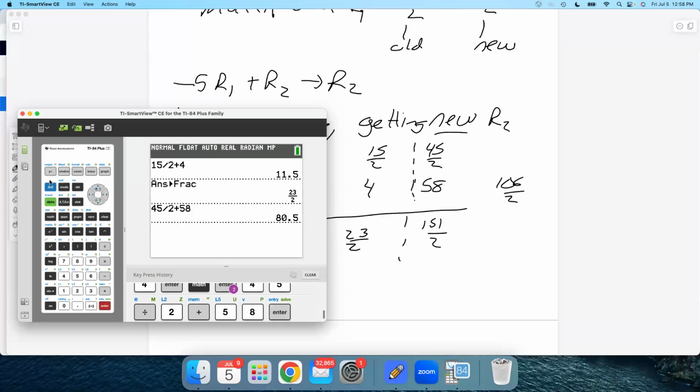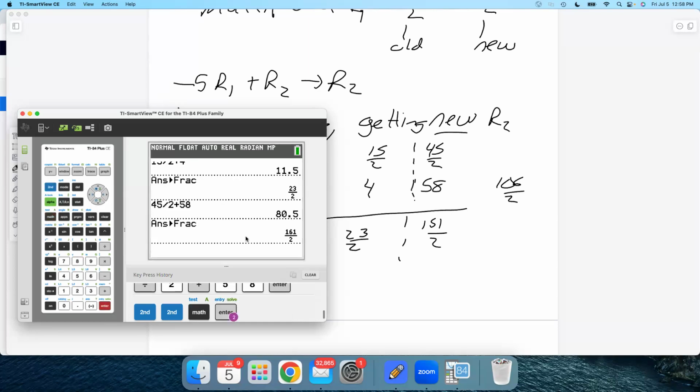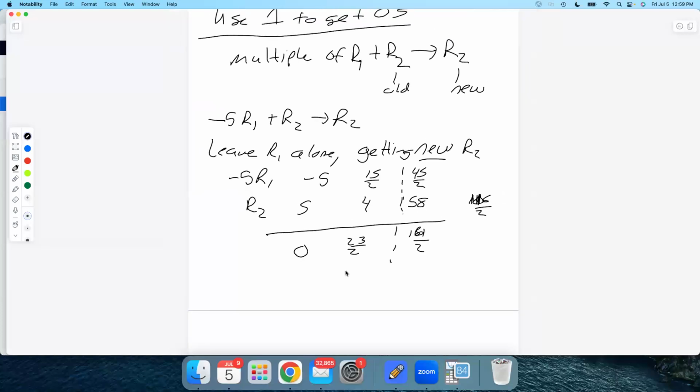Take that answer, hit math into fraction, hit that twice, 161. See, I done goofed. I'm glad I checked it. Oh, because twice 58 is 116. That's where I goofed. Okay, so that's my new row 2.